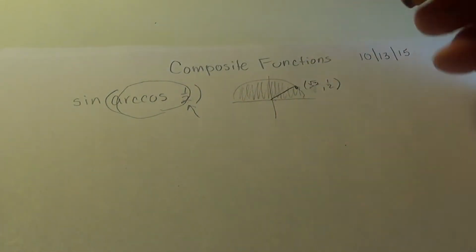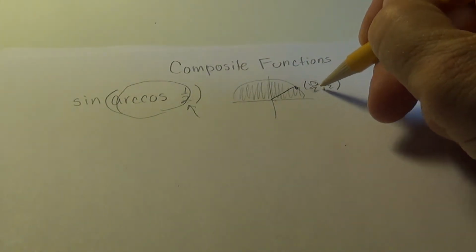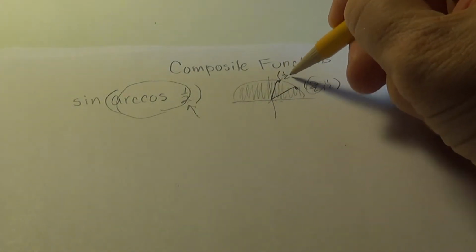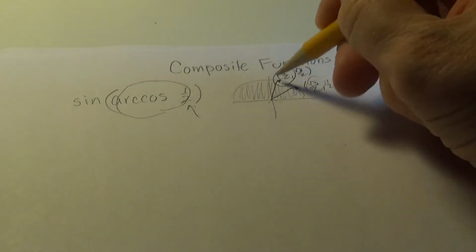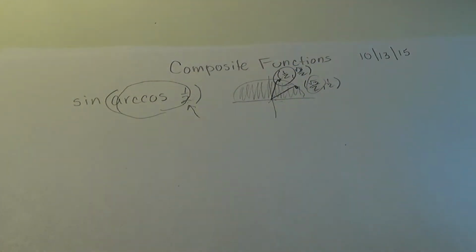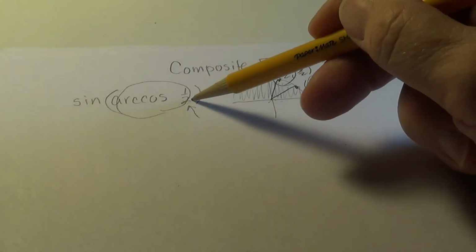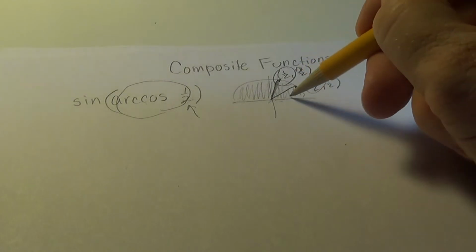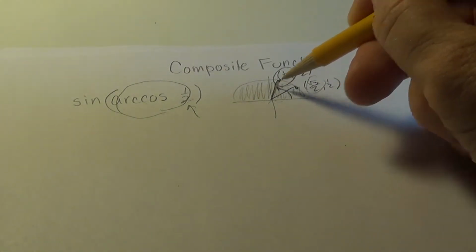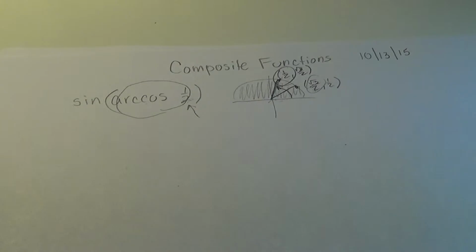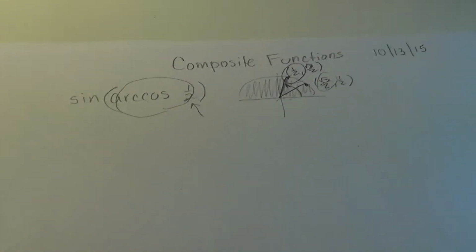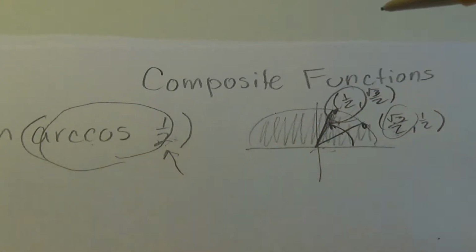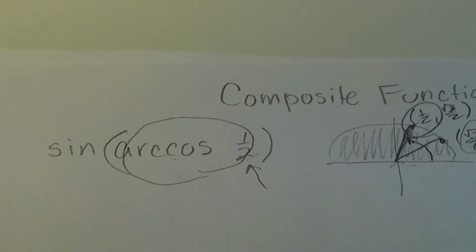Looking over here, I get over the long, up the short, square root of 3/2 and 1/2. So that's not the first coordinate. Let's try it up here. Over the short, up the long. There she blows, right there. We have found the angle that has a cosine of 1/2, and that angle in radians is pi/3.